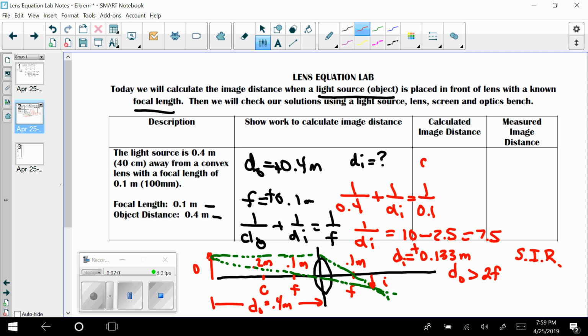So dI we would calculate at 0.133 meters, and that would be a positive number.